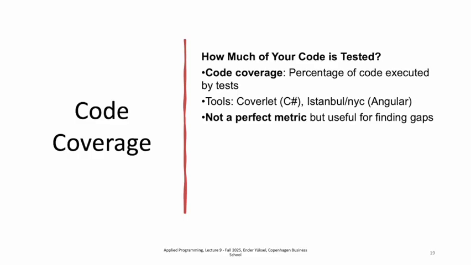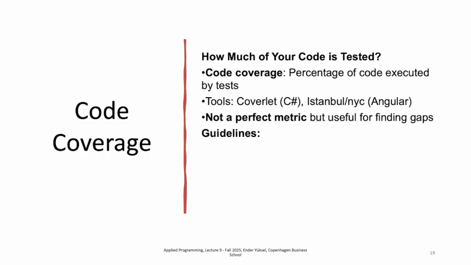So, how should you use code coverage? As a guide, not a goal. Don't aim for 100% coverage as an arbitrary target. Aim to test your important code well. Coverage helps you find what you have missed.